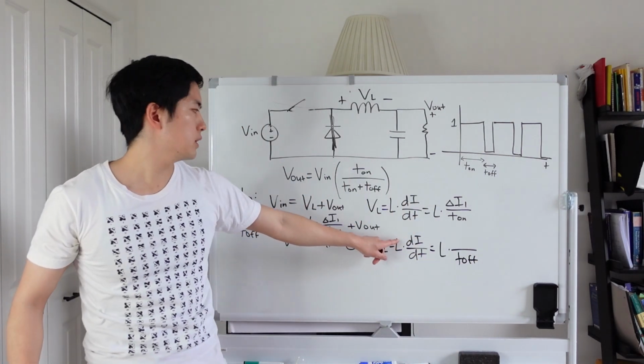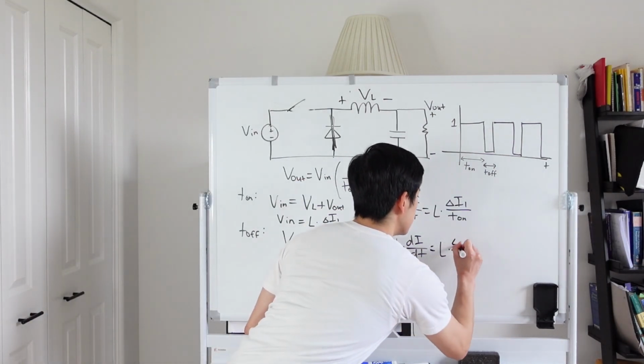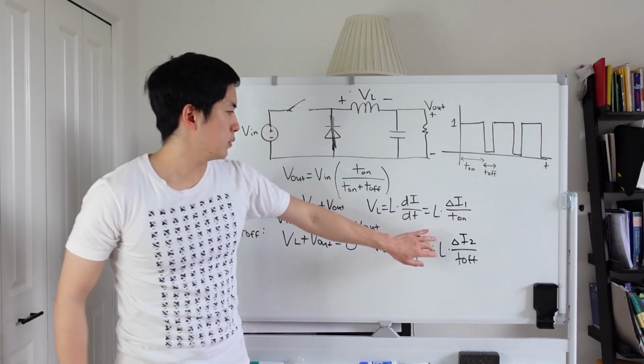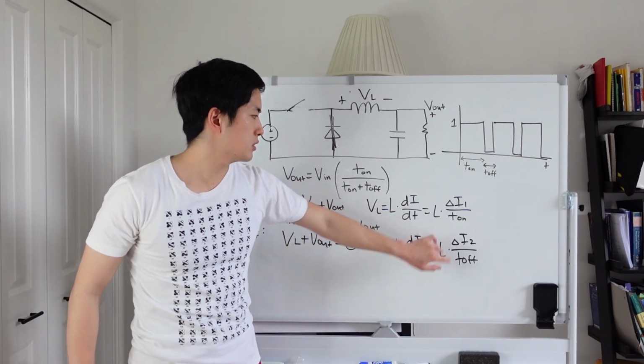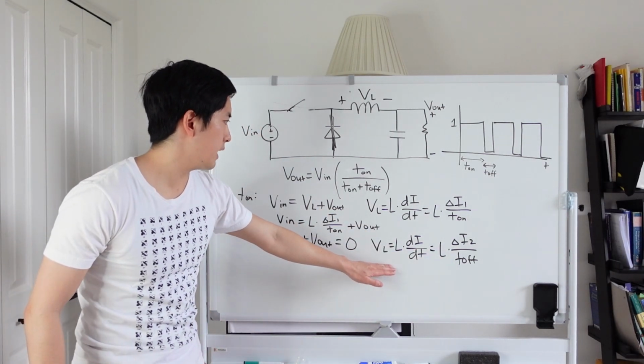And we will substitute di for a delta I2. Okay? So we know that there's going to be a change in current during the off interval. And this is the equation we have right now.